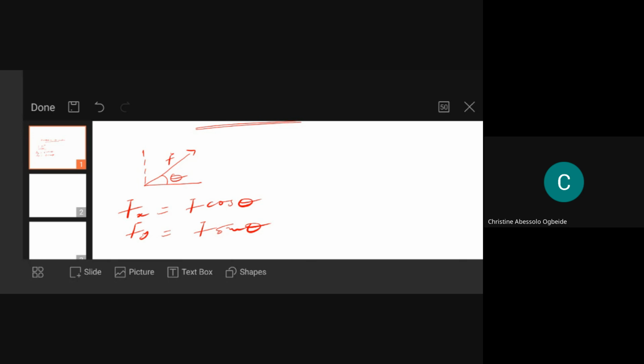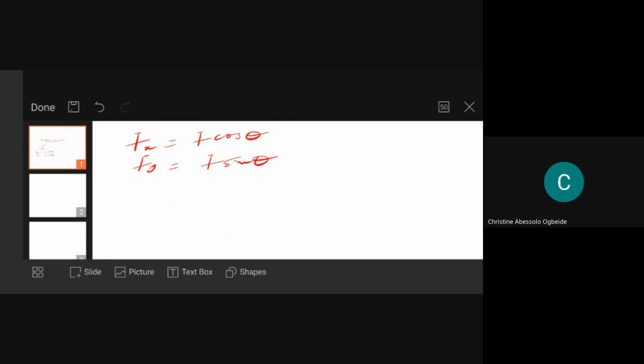Now, let me give a simple illustration using a question before we go further to exactly what we have for today. The question goes like this. A nail on a vertical wall is pulled by means of a cord.